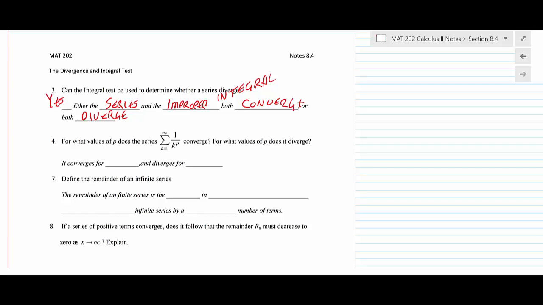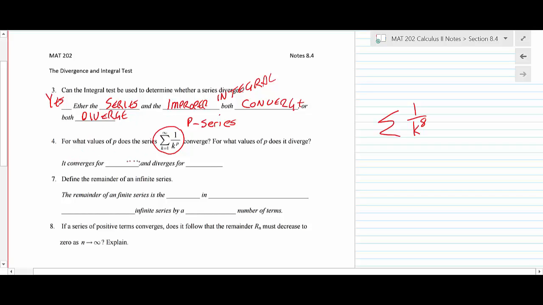Now the next thing is, do you guys remember what we called this series? It's got the letter P in it. That's a good clue. That's called a P series. A P series would be the problem that I was doing a little while ago, the series 1 over k to the 8th. That is a P series.